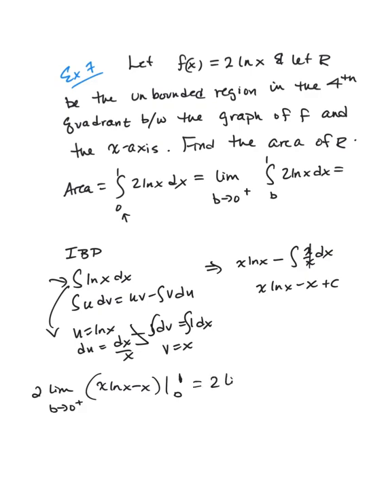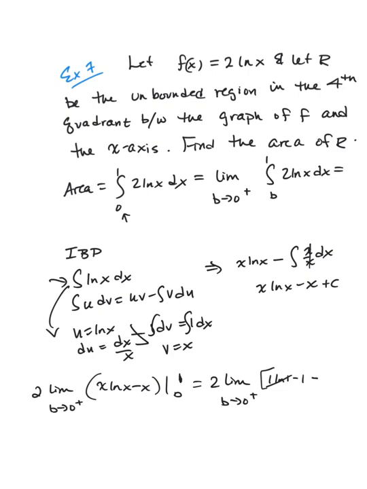So that's 2 times the limit as b approaches 0 from the right. I have to substitute in the 1. And then I have to substitute in the b. So if I substitute in 1, I get 1 ln 1 minus 1. Well, that's 0, so I just get minus 1.